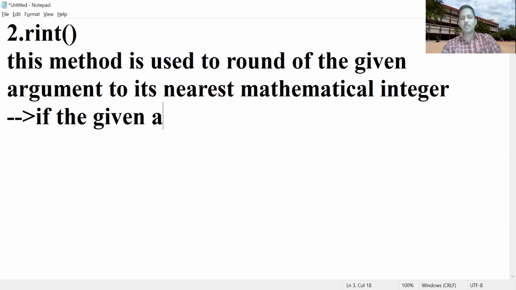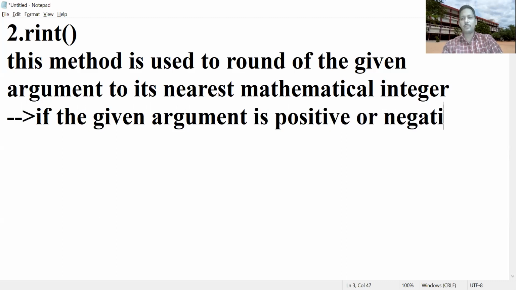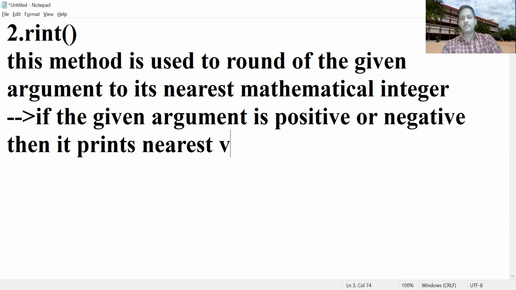If the given argument is positive or negative, then it prints its nearest value. Same like round.